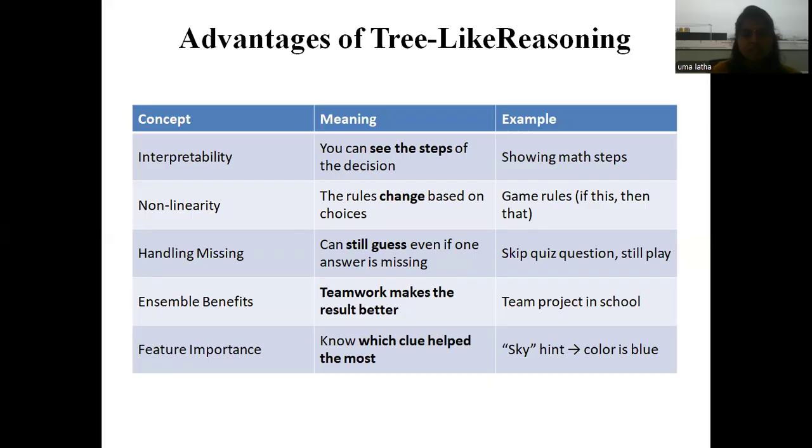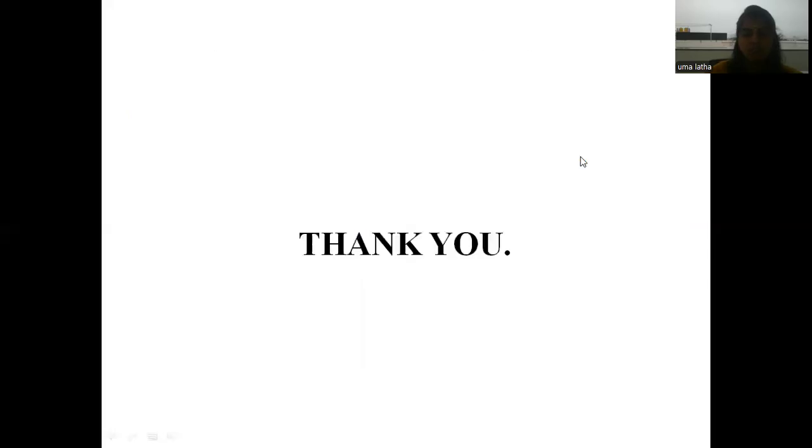Handling missing values: can still guess even if one answer is missing, for example skip the question and still play. Ensemble benefits: teamwork makes the result better, like a team project in school. Feature importance: know which clue helped the most. Sky is a hint. Color is blue. Thank you.